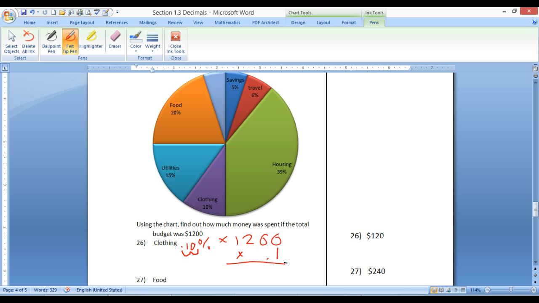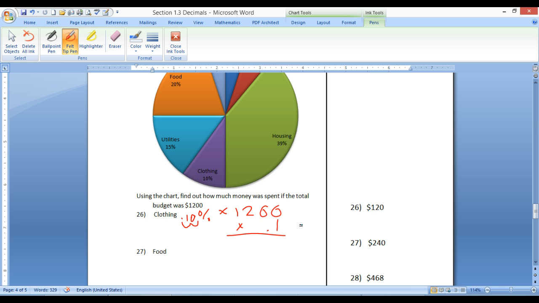times my 1200. And here, when you multiply, you don't need to line up the decimals, you just multiply. So 1 times 0 is 0, 1 times 0 is 0, 1 times 2 is 2, and 1 times 1 is 1.